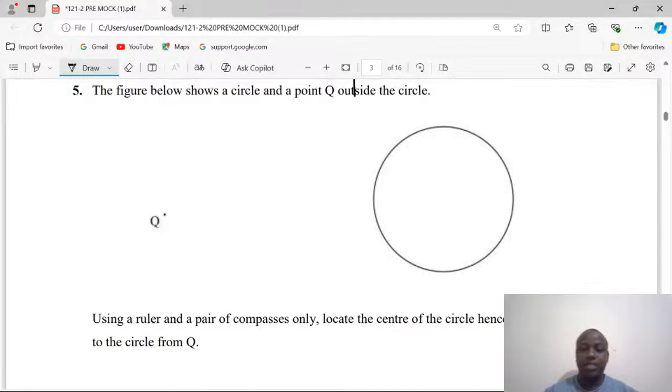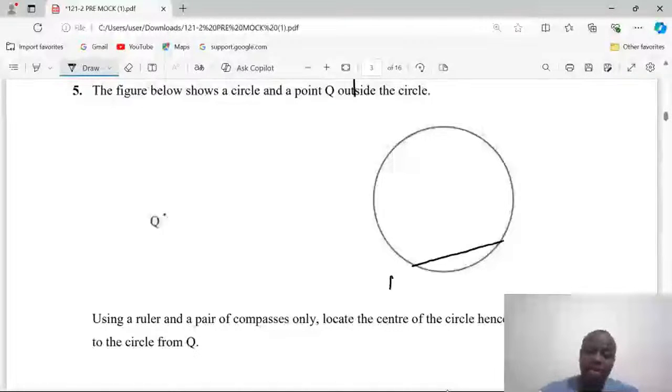But using one chord, we might not exactly identify the center, so we are going to use two chords. Their point of intersection is going to give us the center of the circle. Because I don't have geometrical instruments which can be used well on a screen, we're just going to estimate.